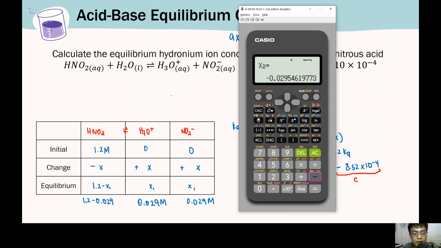Oopsie, sorry. By the way, if you want to get rid of this function, you just have to press Shift, Clear, Clear All, which is 3, and then press equal sign. So 1.2 minus 0.029. Okay, so 1.171.